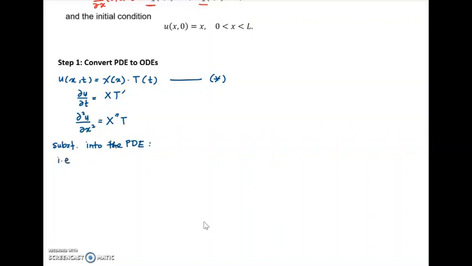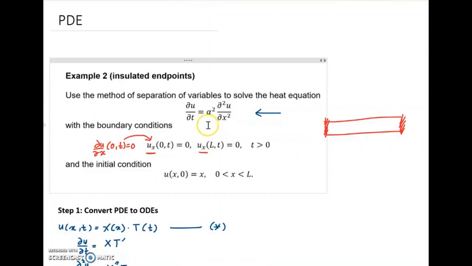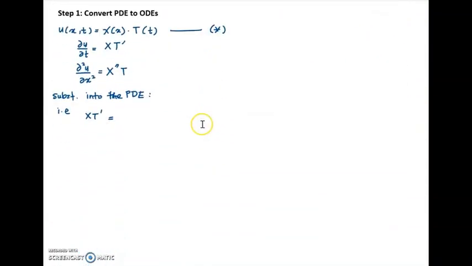Therefore we have del u del t, which is X T prime, equals alpha square times del square u del x square, which is X double prime T. Separating the variables, we put X double prime over X on the top, equals, just a bit of manipulation, T prime over alpha square T.